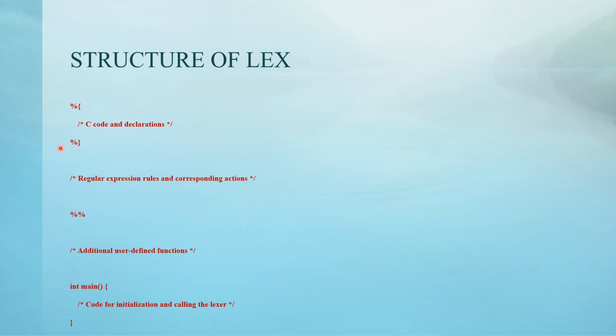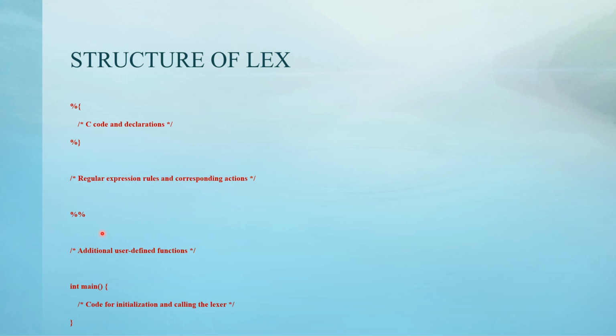Here you can see the definition section, an optional section which allows you to include C code or declarations. It is also known as the declaration section, where the code is copied directly into the generated lexer code. It is commonly used to define global variables or header files. In the definition section, basically header files will be declared.